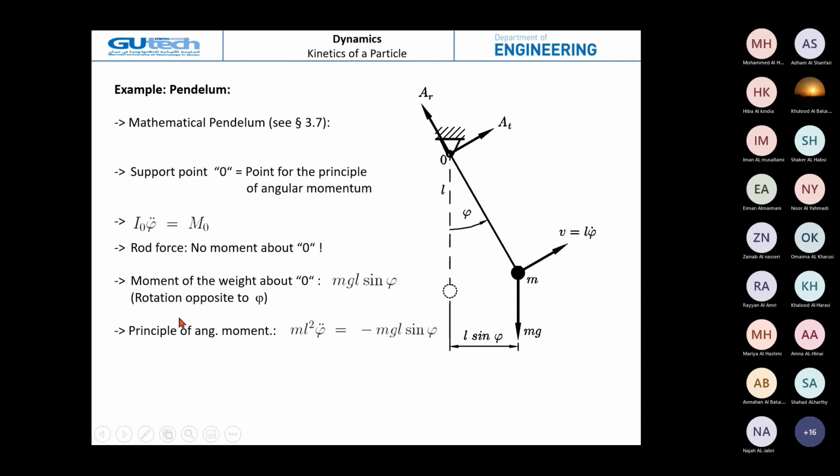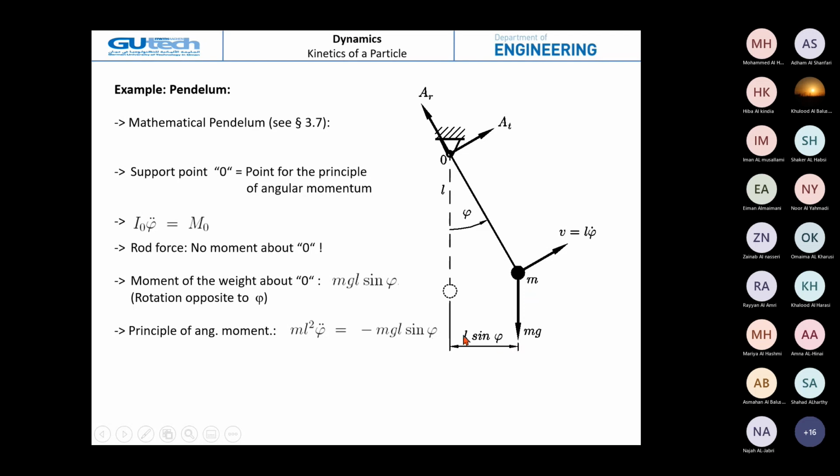Now, if we take the principle of angular momentum, we have the term I_O, which is only mL squared, and here we have mL squared phi double dot equal to minus mgL sine phi.